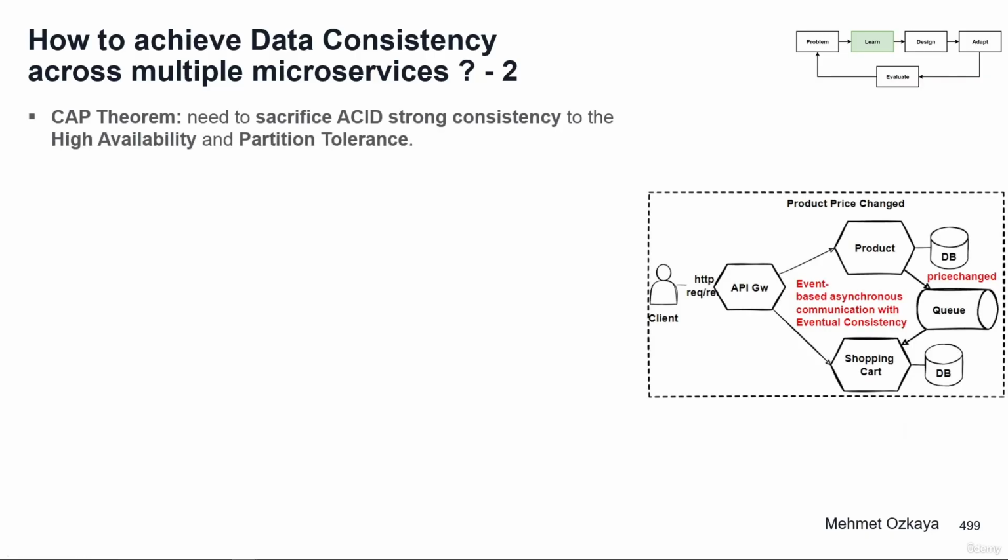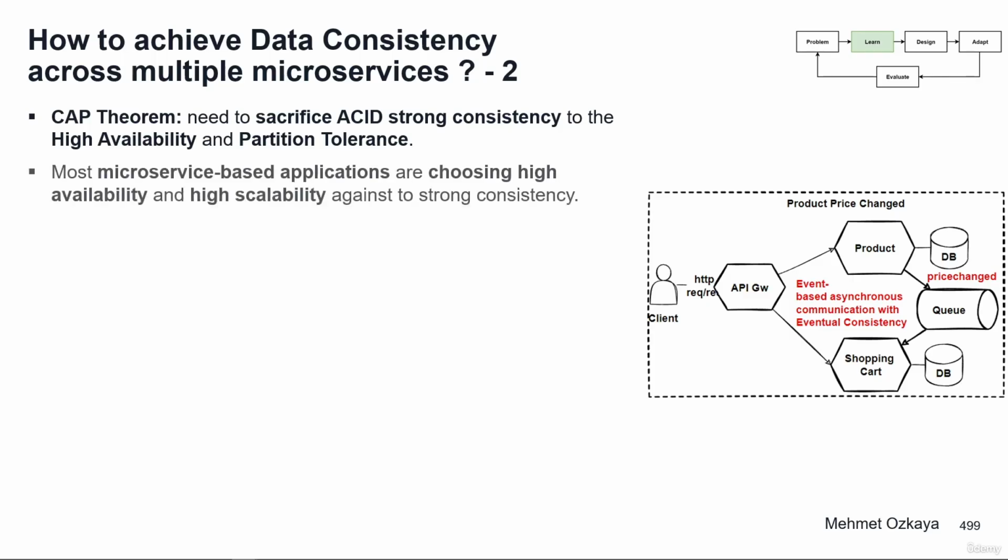As you remember, according to the CAP theorem, we need to sacrifice ACID strong consistency for high availability and partition tolerance. Most microservice-based applications choose high availability and high scalability over strong consistency. Of course, if your business case has mission-critical applications that need to stay always updated, then you should follow strong consistency.